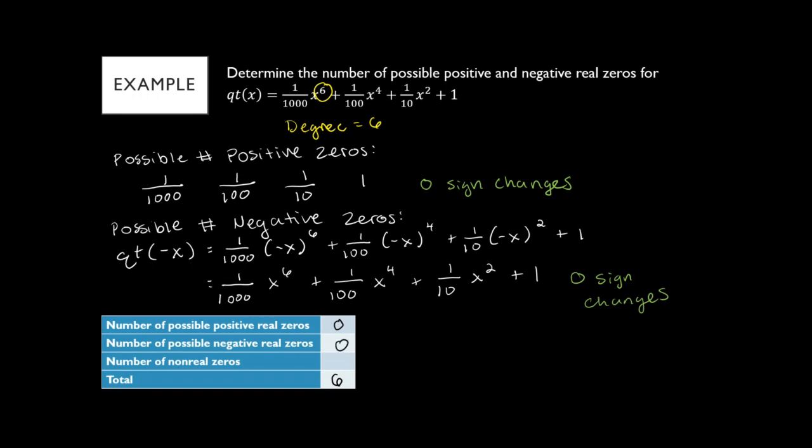So I've got 0. And so I've only got one combination here. That means I have to have 6 that are complex numbers. If you were to try to factor this, it wouldn't factor. And if you tried to solve this, you'd only get complex numbers as your answer.